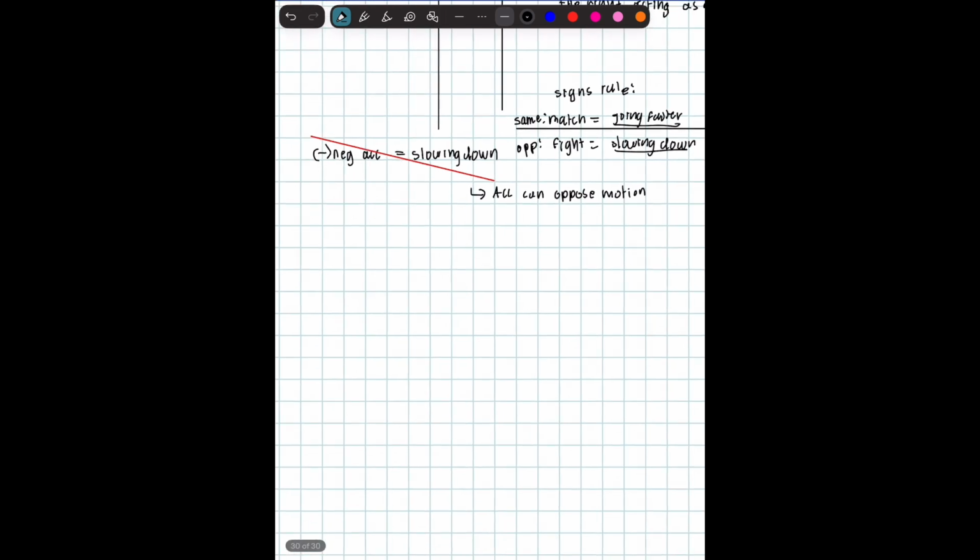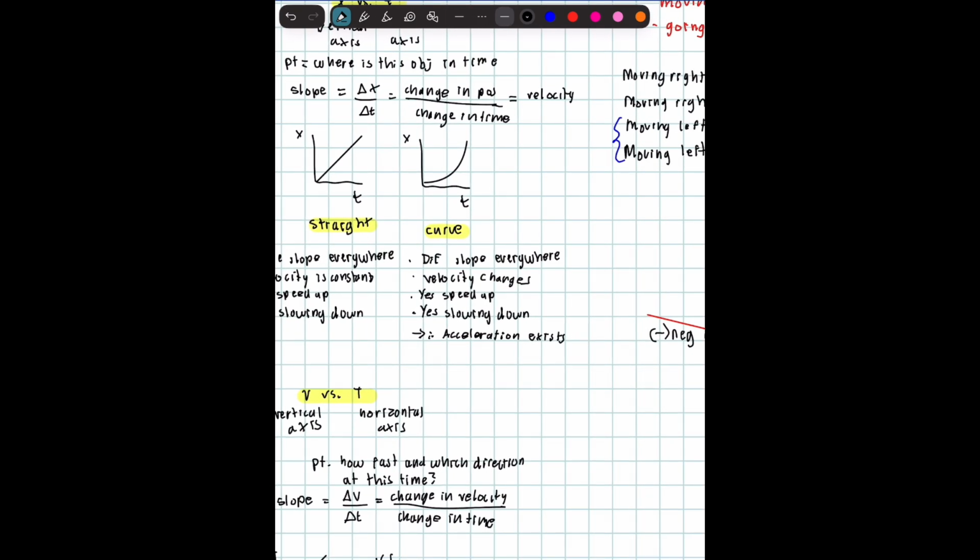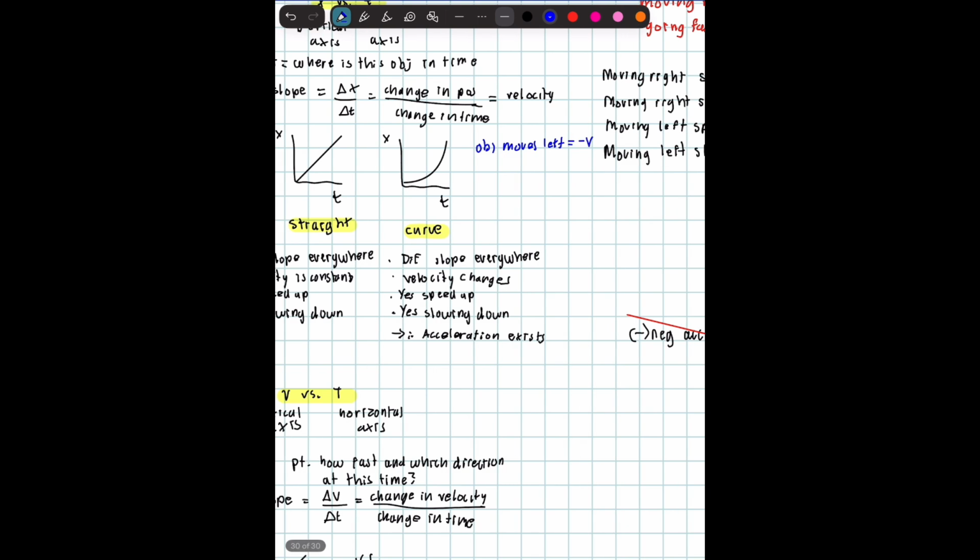So, why can the x-t graph look curved? An example of this is if the object moves left, that means you have a negative velocity. And if it's slowing down, then the velocity magnitude decreases.